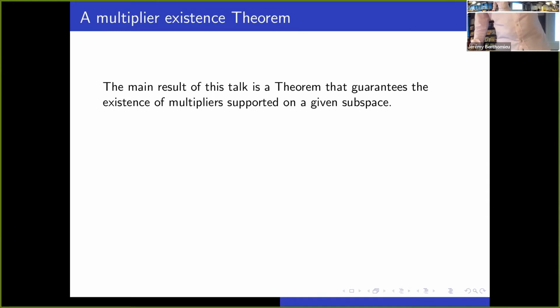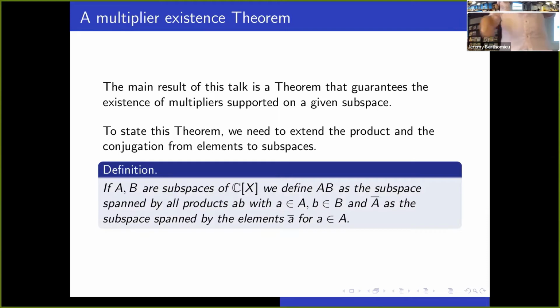This is not our main result, but for the main result of this talk, which guarantees the existence of multipliers supported on a given subspace, we need some definitions. The product and conjugation are from elements of the subspaces.